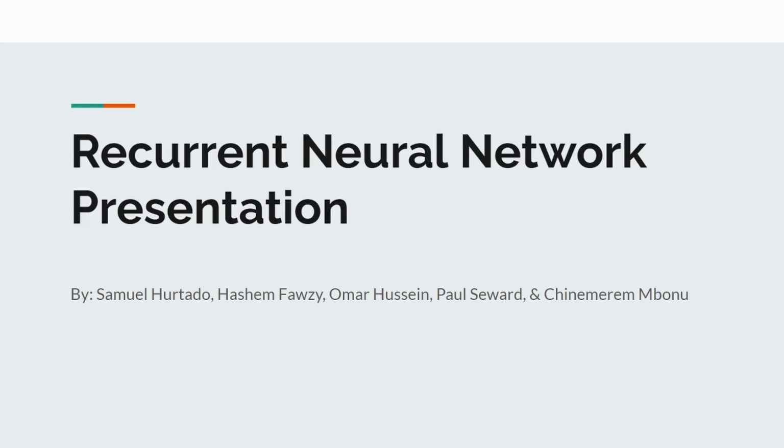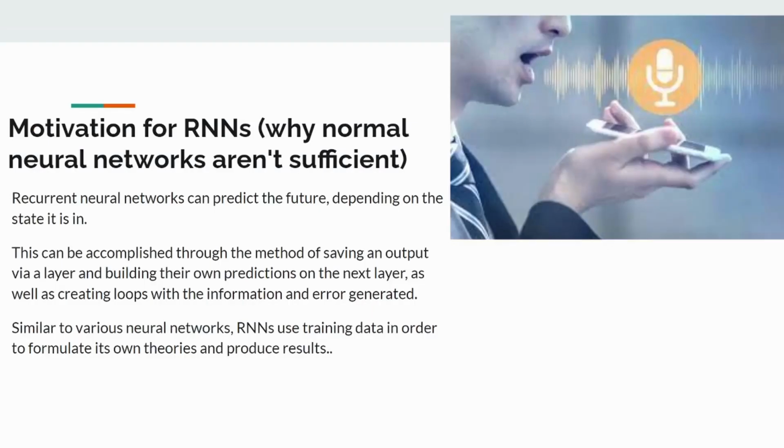To start with, recurrent neural networks are basically a deep learning tool used in machine learning. They can predict things by looping through each iteration and keeping memory.